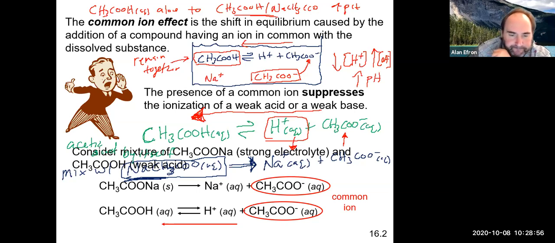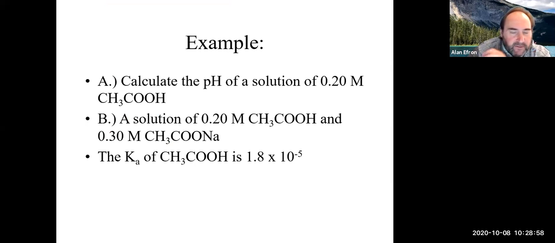Okay. So let's take a look at some calculations here that involve this, and we'll talk about how to do them. So why don't we start with A? What is the pH of a 0.2 molar acetic acid solution? The Ka value for acetic acid is down here.